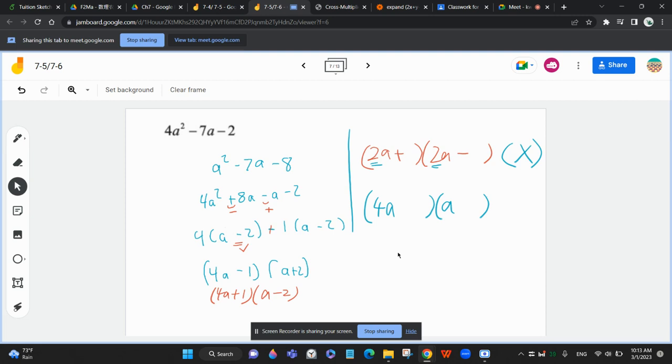While the second one, because you get a -7, the -2 should go here, so that you multiply 4 and -2, you will get a -8, and then you add 1, you get a -7. Okay, so we can proceed.